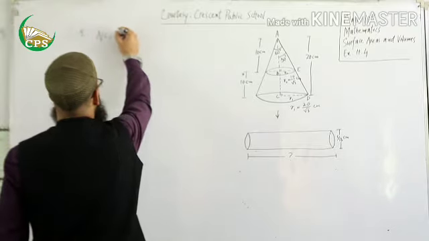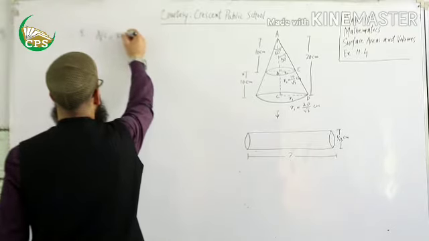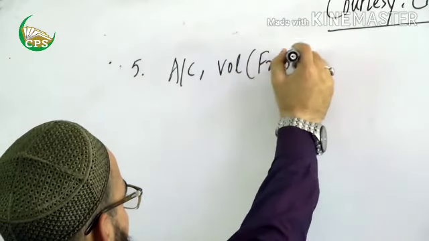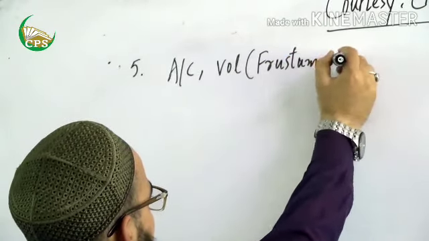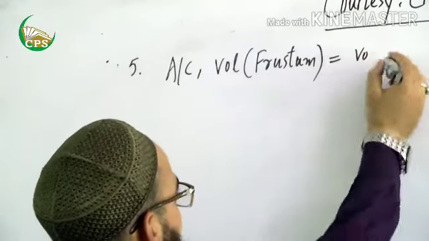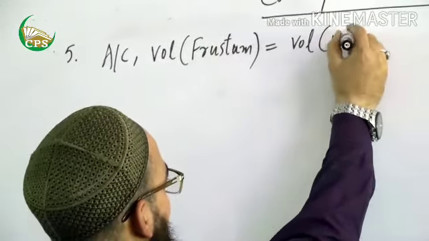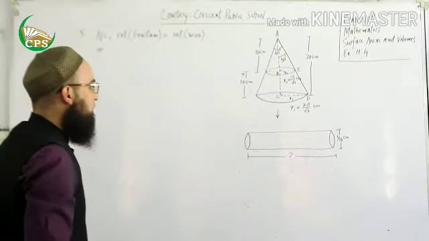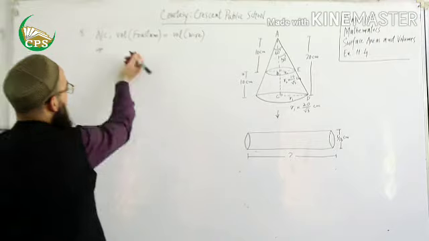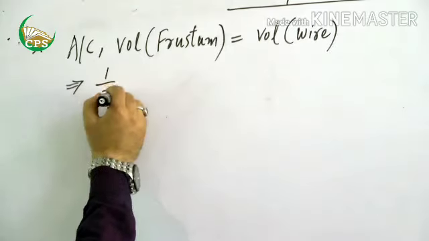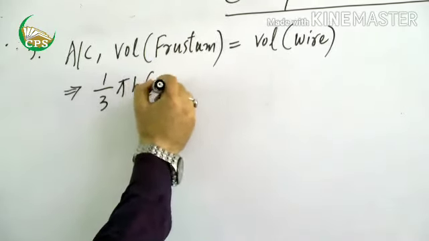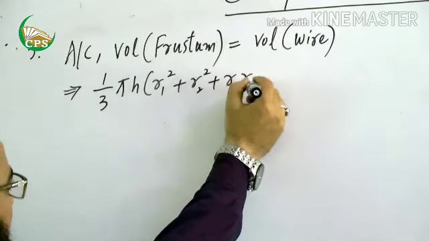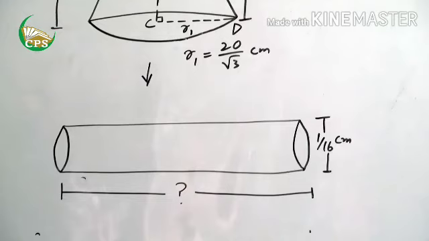According to the condition, volume of frustum is equal to volume of wire, which implies that the volume of frustum, you know we have a formula for it, 1 by 3 pi h times R1 square plus R2 square plus R1 R2 is equal to volume of wire.